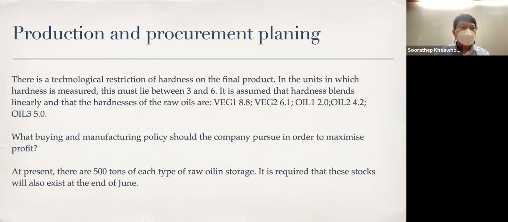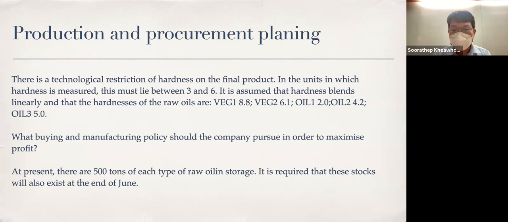Okay. We have some restrictions. There is a technological restriction of hardness on the final product. In the units in which hardness is measured, this must lie between 3 and 6. Okay.